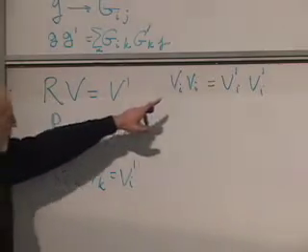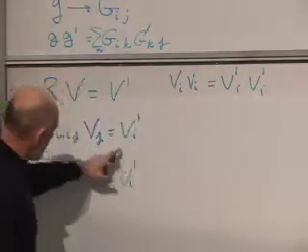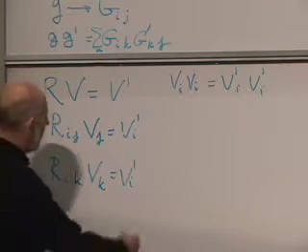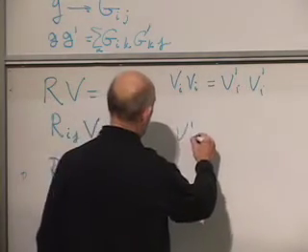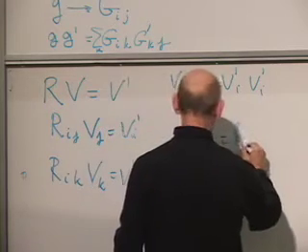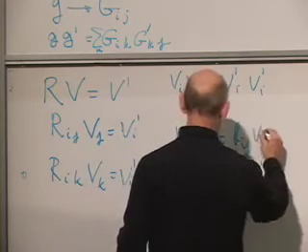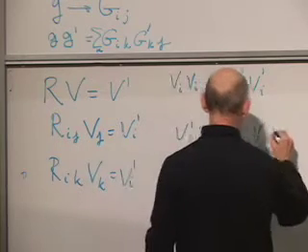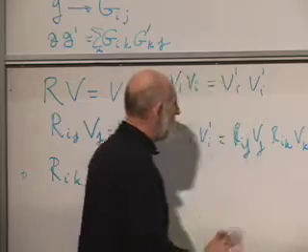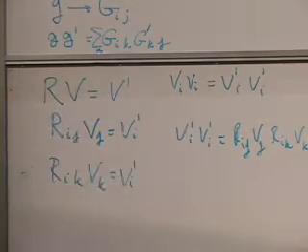Now what I want to do is form v prime i, v prime i. So I want to multiply this by this and sum over i. And what will I get? I will get v prime i v prime i equals Rij Vj Rik Vk, with every repeated index summed over.